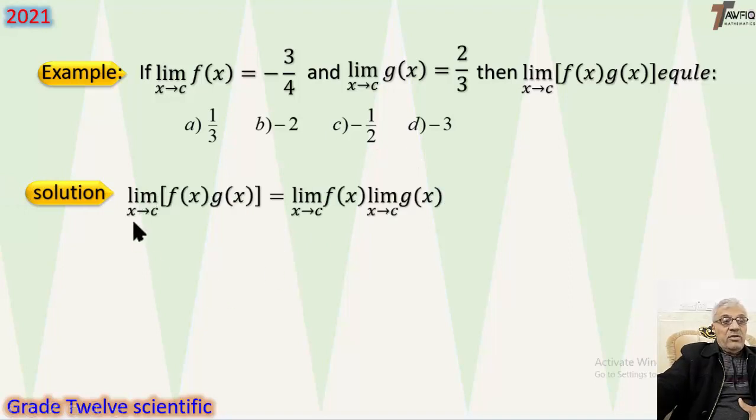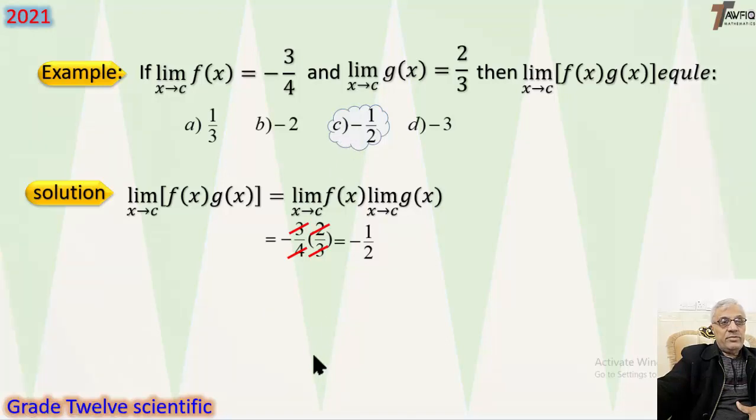Solution: the limit of f(x) times g(x) is equal to the limit of f(x) times the limit of g(x), which is minus 3 over 4 times 2 over 3. Cancelling 3 with 3 and 2 with 4, it remains minus 1 over 2. That means C is the correct answer.